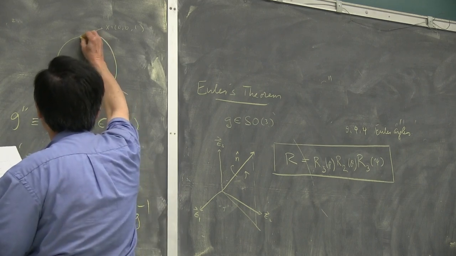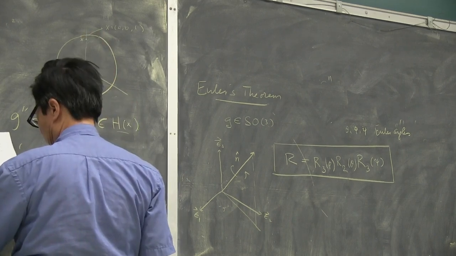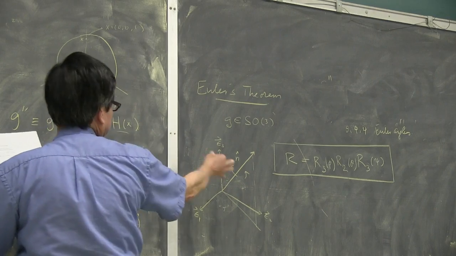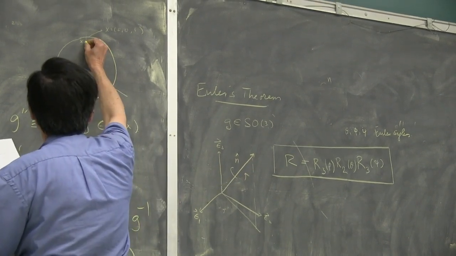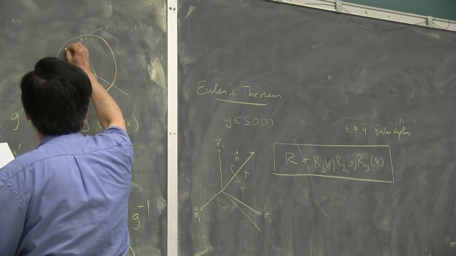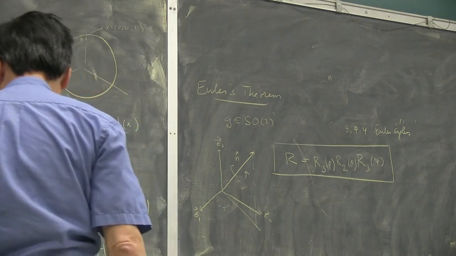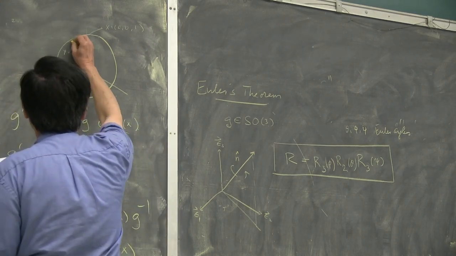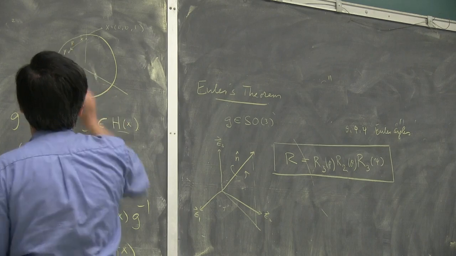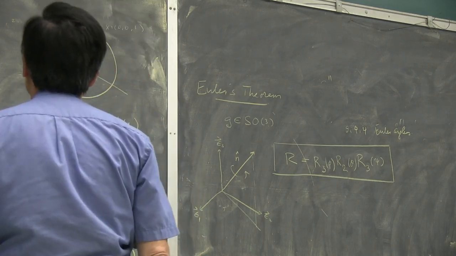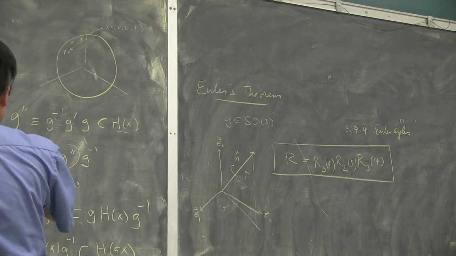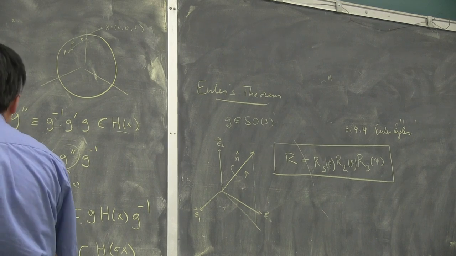This is the point x, which is the North Pole. And let's say R takes x to y. This rotation rotates x to y, like that. And so we write Rx = y.